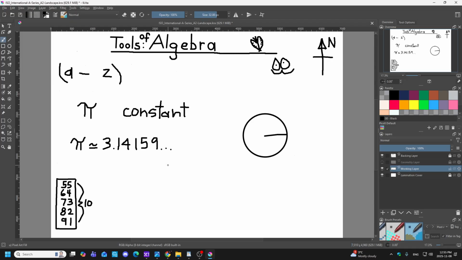Pi as a fraction, this is the closest fraction that they've come up with. As an approximation in fraction form, 22 divided by 7. And that's an approximation.